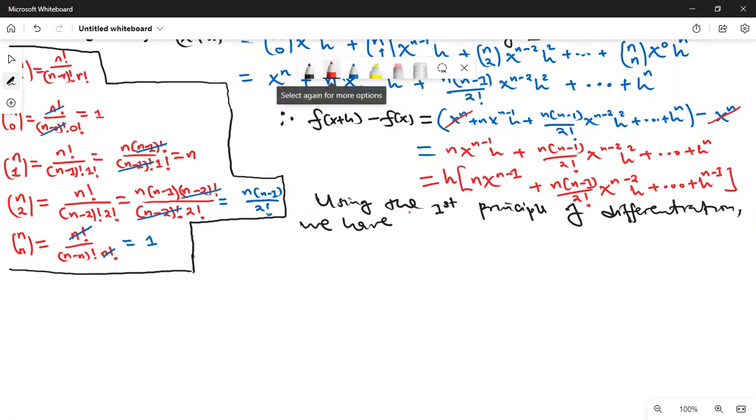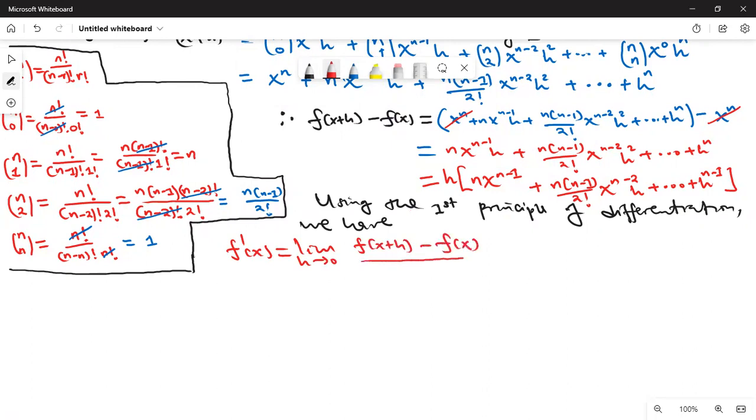We need f prime. f prime of x is simply the limit as h approaches 0 of f of x plus h minus f of x, all divided by h.